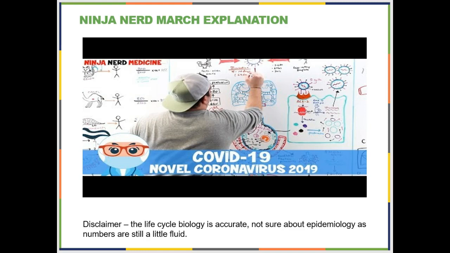And I haven't watched the whole video. I don't know if they get into any of the epidemiology, right? But the numbers in terms of how fast coronavirus spreads, how many people that get it are going to get sick, how many people die from it, who's susceptible, we're still getting updates on that. So take with a grain of salt any information in there about death rates and epidemiology, that's still in flux.